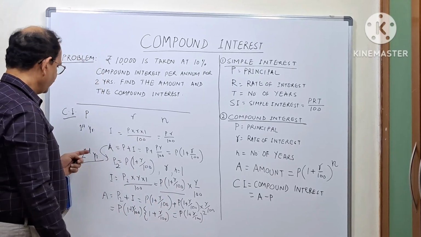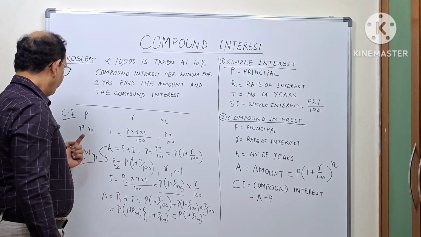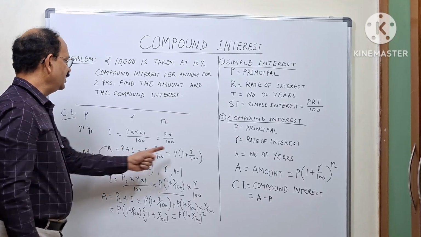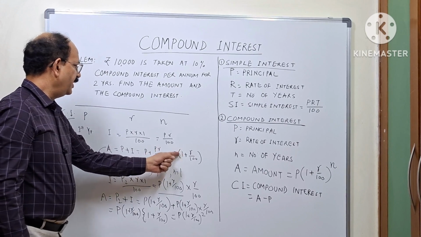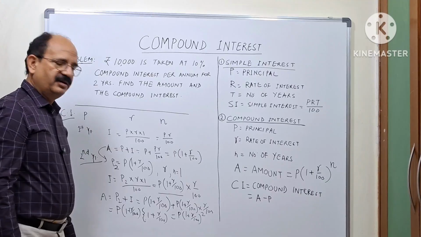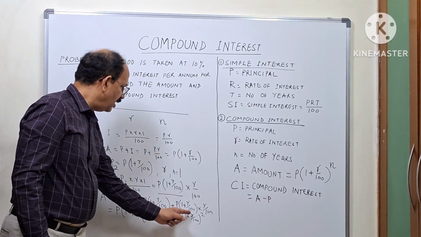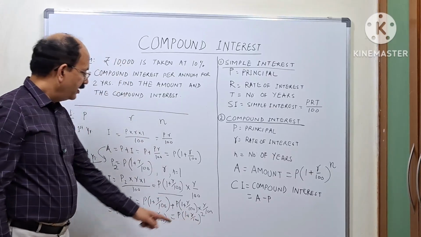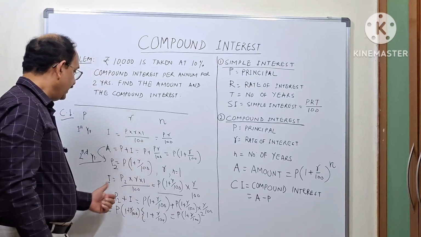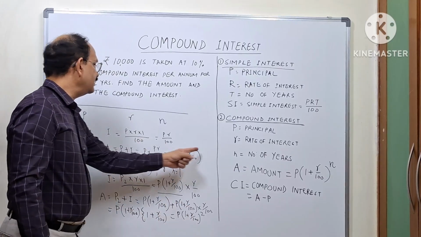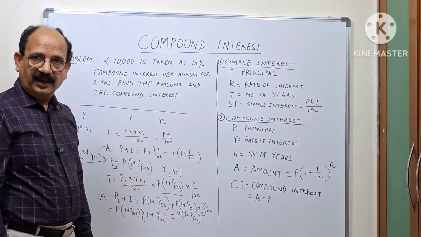So what you are noticing is that for the first year the amount is P under bracket 1 plus R by 100. For the second year the amount becomes P into 1 plus R divided by 100 raised to the power 2. For the second year it is 2. For the first year it is raised to the power only 1.